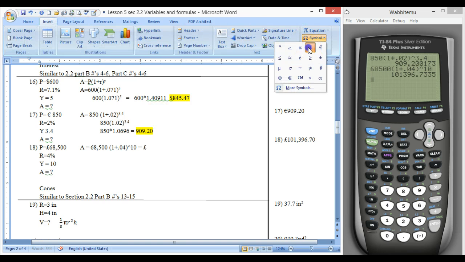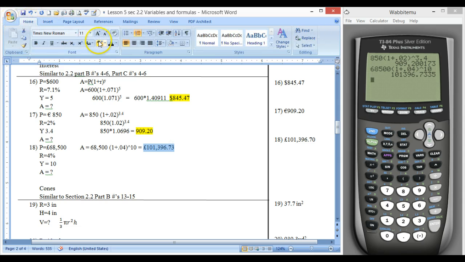Insert symbol, mine's right here, pounds of 101,396. And because this is money, I'm rounding to 2 decimal places. There we go. And highlight it.